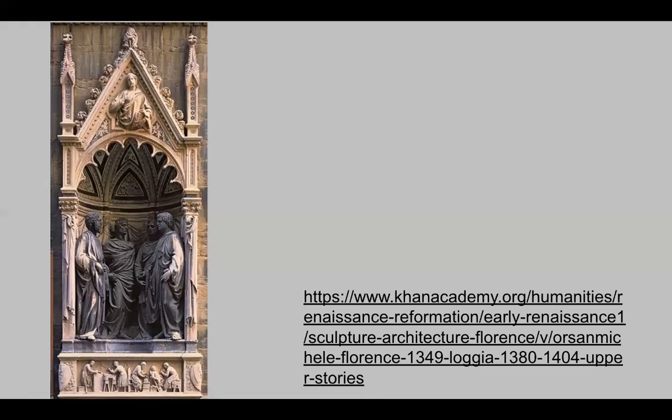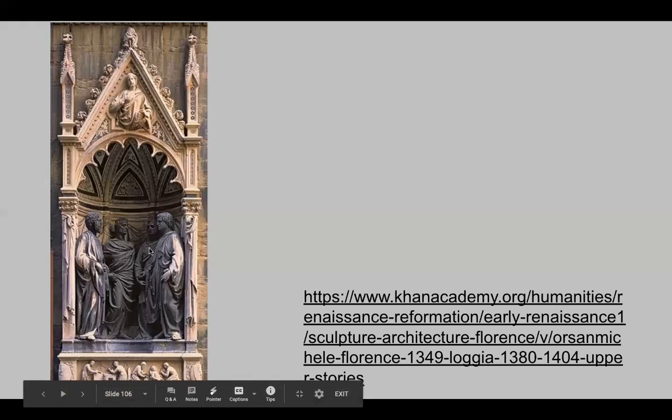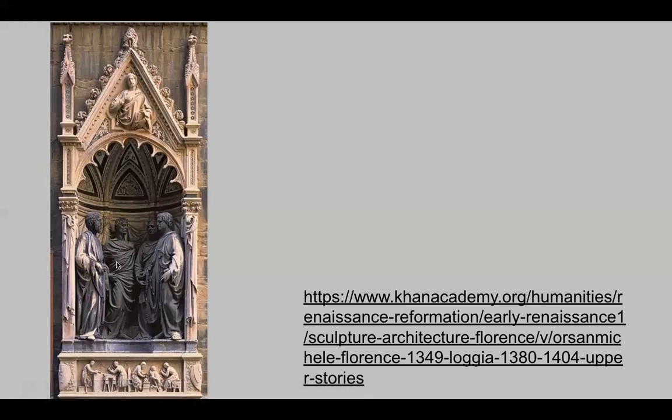It's kind of like a cross between Renaissance and Gothic. The classical drapery of this sculptor, I think his name was Nanni di Banco, is very classical. It's got contrapposto, it's got classical drapery, but it's set in a very Gothic niche.